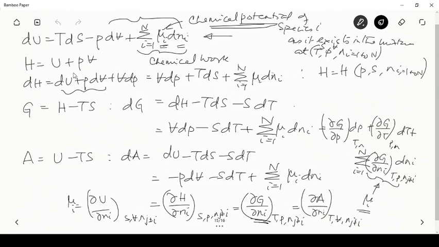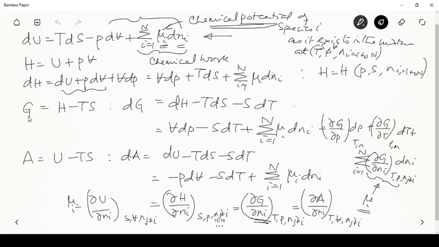Now this U plus PV, if I differentiate, I get dH is equal to dU plus PdV plus VdP, and if I substitute for dU plus PdV from this equation, so dU plus PdV becomes TdS plus summation of mu i dNi, then I get dH equal to VdP plus TdS plus mu i dNi, right? So you substitute for dU plus PdV as TdS plus summation of mu i dNi, you get this. So dH is also written in the form of VdP plus TdS plus this.